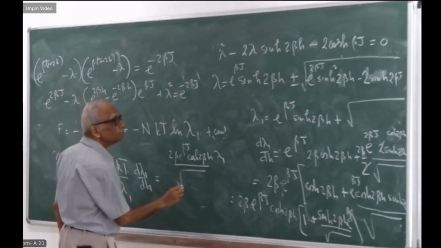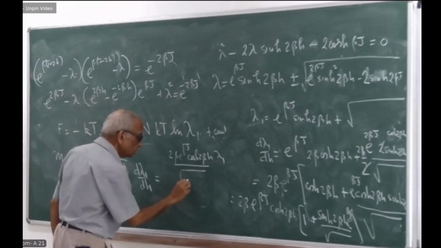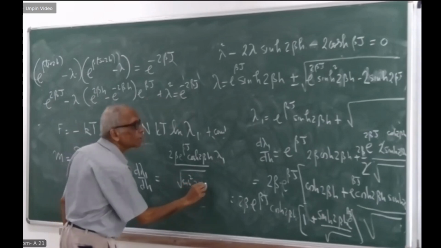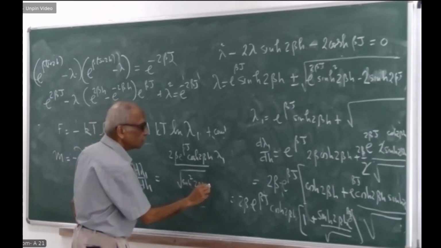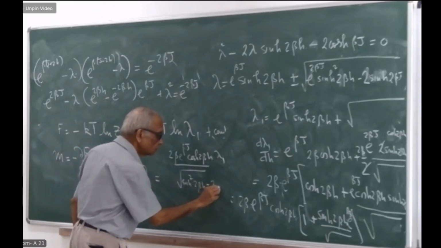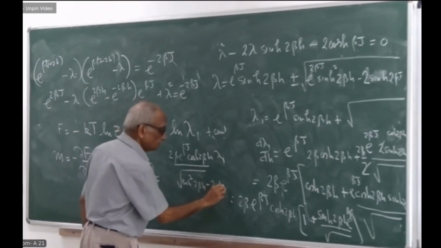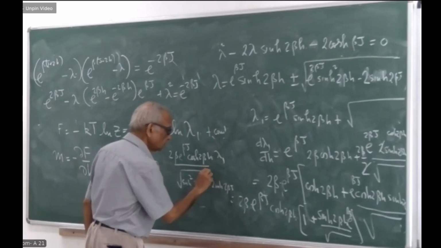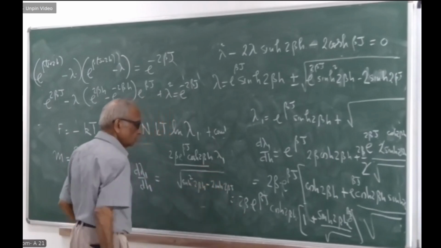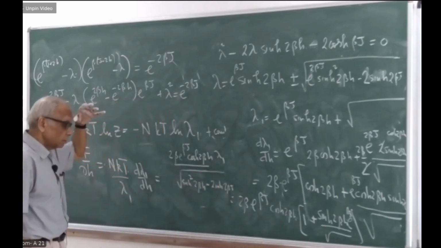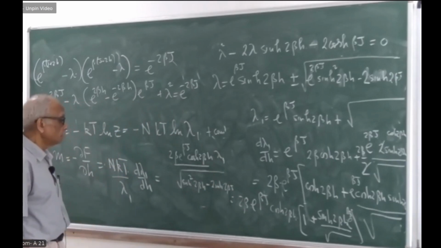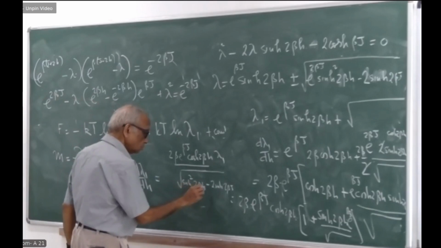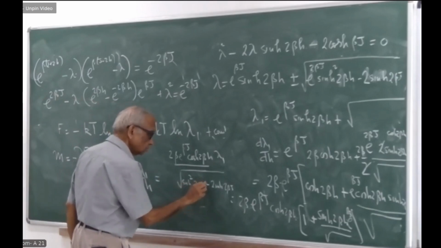E to the sinh squared 2 beta h minus 2 sinh 2 beta J, right? There was an e to the power 2 beta J. Yes. Vital.